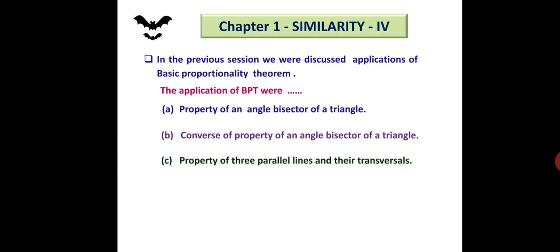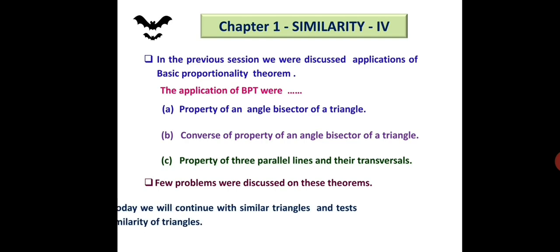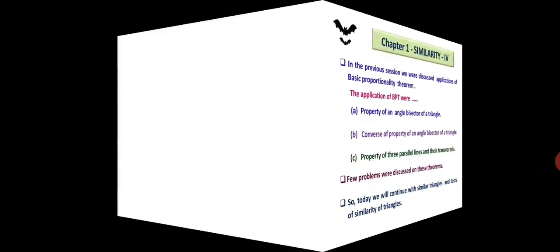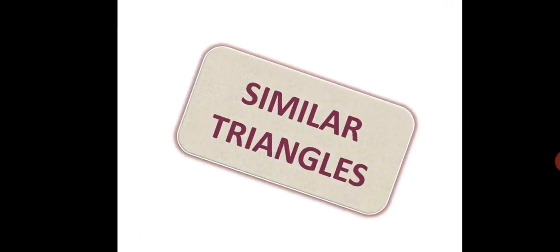The third was the property of three parallel lines and their transversals. Also, a few problems were discussed on these theorems and properties. Today we will continue with the next content of this topic, that is similar triangles and tests of similarity of triangles.